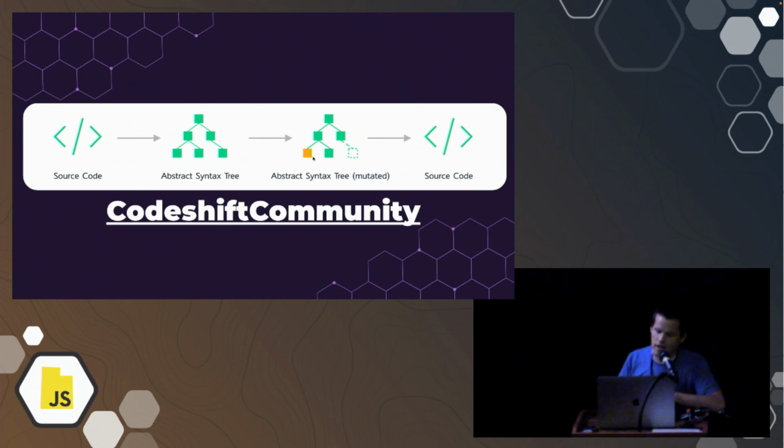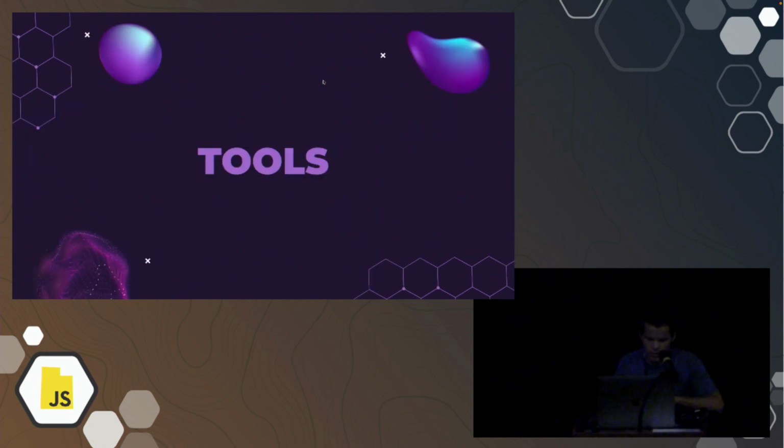With this tree, I can say, move this leaf here, or create another leaf, or rearrange things, and I can do this a lot easier in a tree format. And then I need something to take that tree and put it back into source, well, destination code is really what I should call it now, and it'll be JavaScript again. And that's how a codemod works. And that's also how TypeScript and Babel and all those different tools work too.